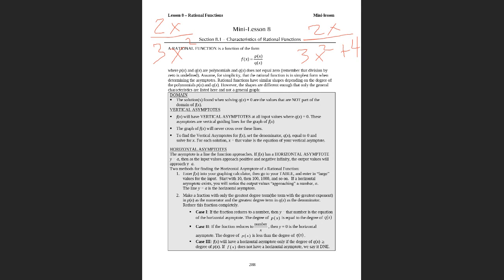To simplify to its lowest terms, x cancels x, leaving 2 over 3x. Because you have a number over an x term, that is going to go to 0.